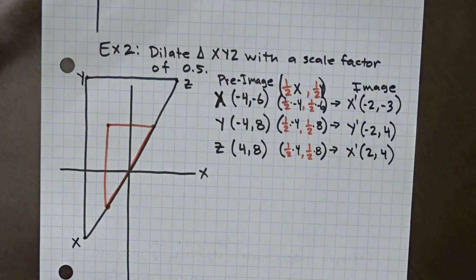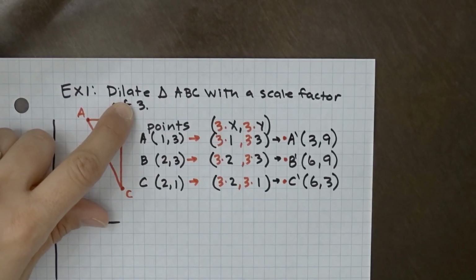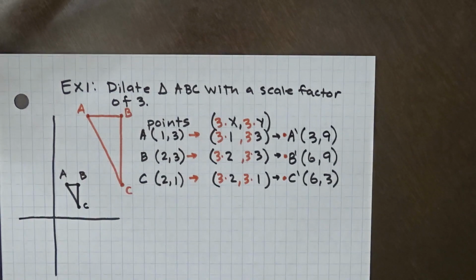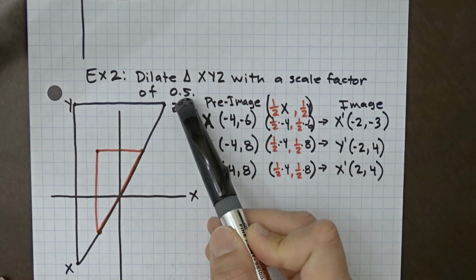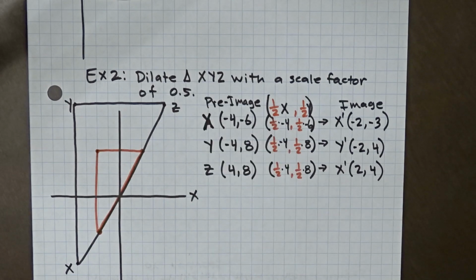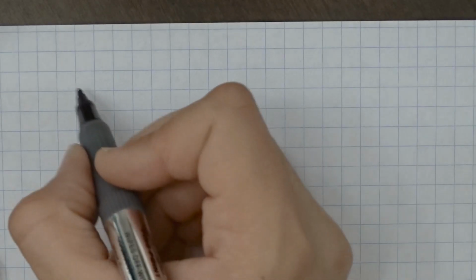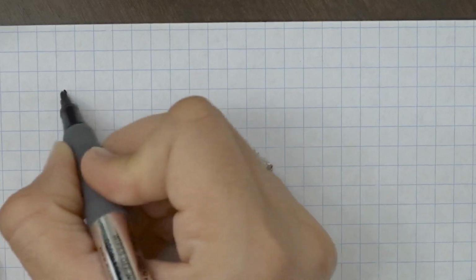So when you have a whole number bigger than 1, it will magnify or enlarge your image. If you have a number between 0 and 1, which is a decimal or a fraction, either one, it will shrink your image. So that's something to keep in mind. So let's write that down. Scale factors on an enlargement.